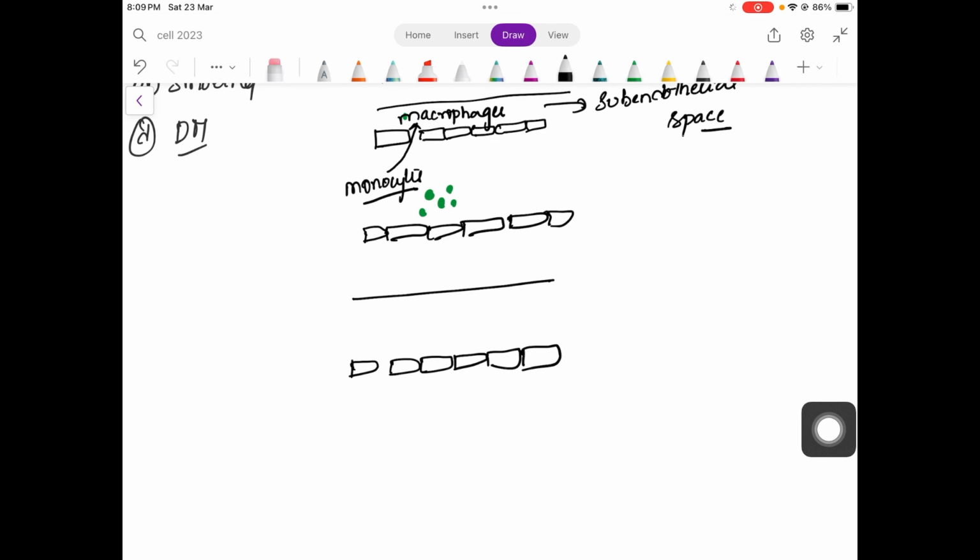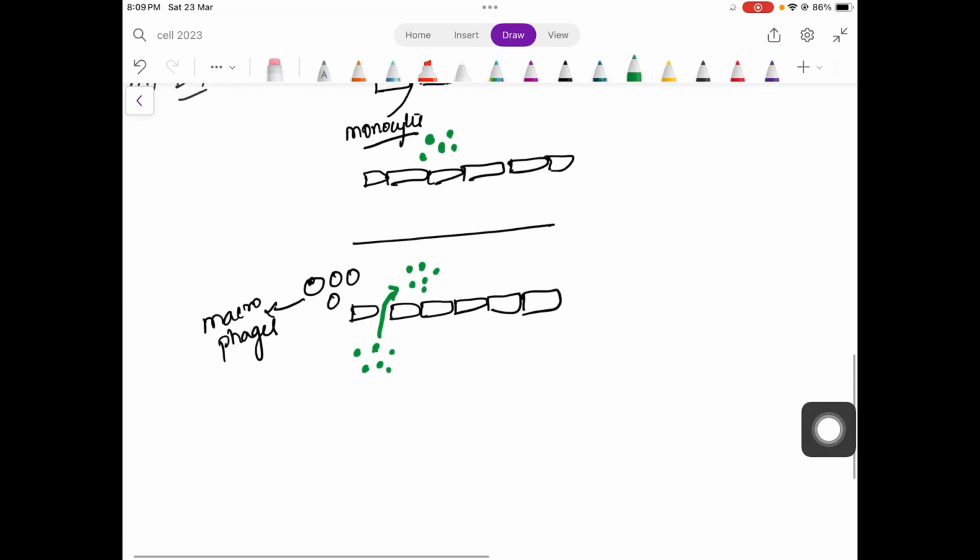These are the macrophages, and LDL has also moved from the lumen into the subendothelial space. These are the LDL molecules.